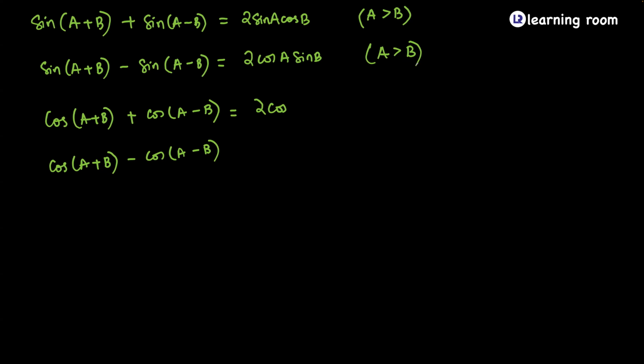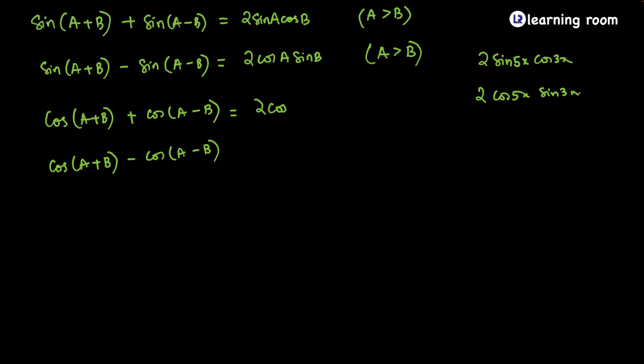Why I am stressing on this point is, suppose in a question you see 2 sine 5x cos 3x, and there is another question where you have 2 cos 5x sine 3x, right? What we'll be doing is using the reverse of this, in the sense 2 sine 5x cos 3x, you will actually write it as sum of two sines. Why is it so?